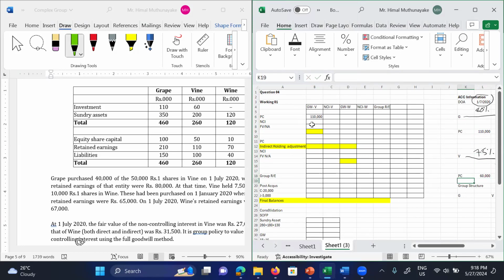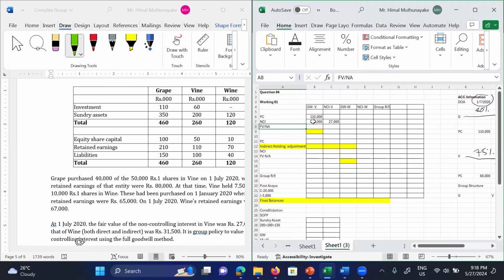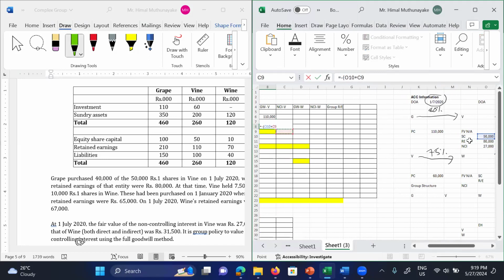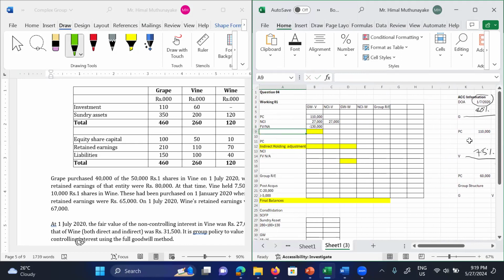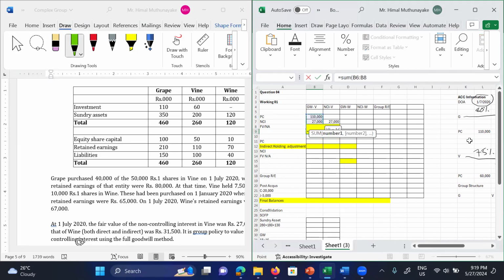I'm taking the 110 here, and the NCI is 27,000, the fair value of non-controlling interest, plus the net assets of 30, right? So the goodwill would be 7,000 for company V, right?